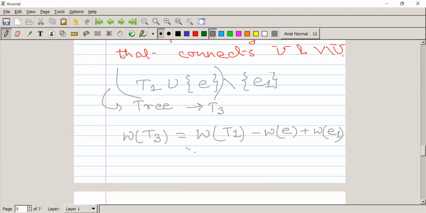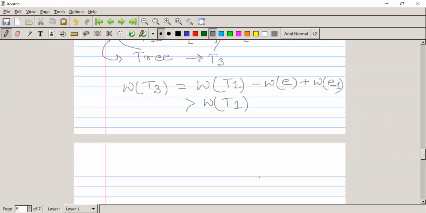Yes. But this is greater than the weight of T1. Why? So this is less than or equal to the weight of T1. Why is it true? Because the weight of E is less than or equal to the weight of E1.